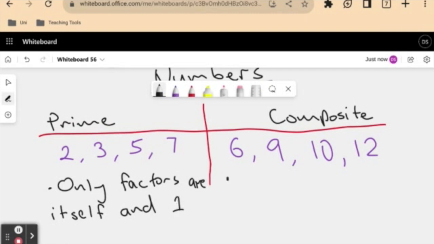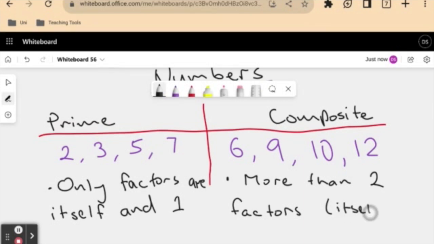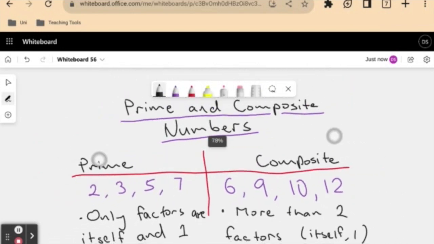And composite numbers have more than these two factors, these two factors being itself and 1. So that is just a bit of an introduction into prime and composite numbers.